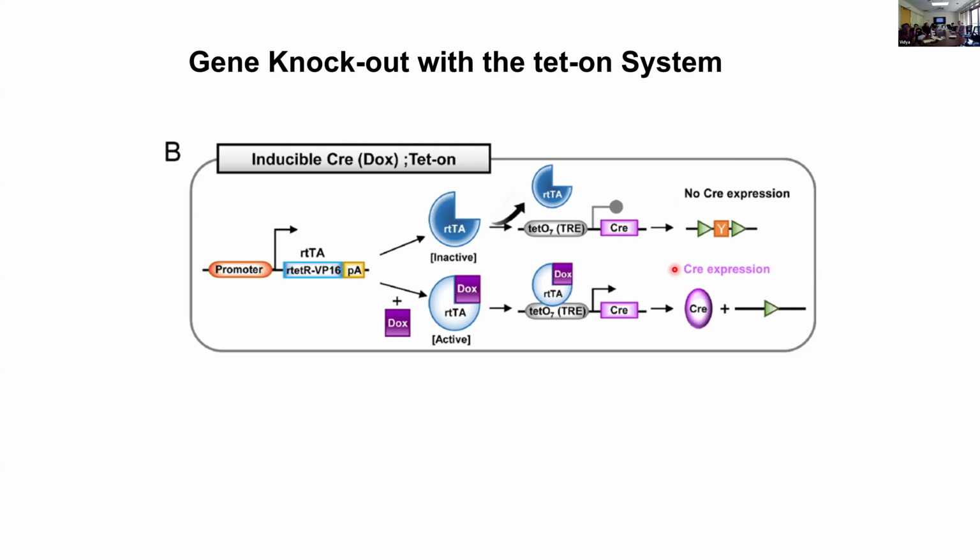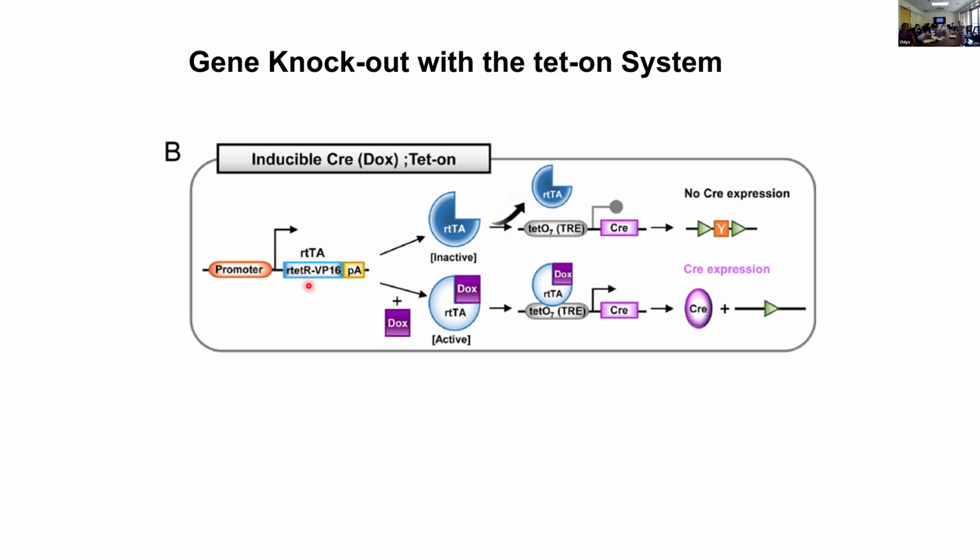So again, it's a 3 component one. You determine when you give doxycycline, and that's when the Cre will turn on, go to the nucleus and do the Cre-mediated recombination. The temporal control, of course, is when you give doxycycline. The spatial control is the tissue-specific promoter driving the rtTA expression.